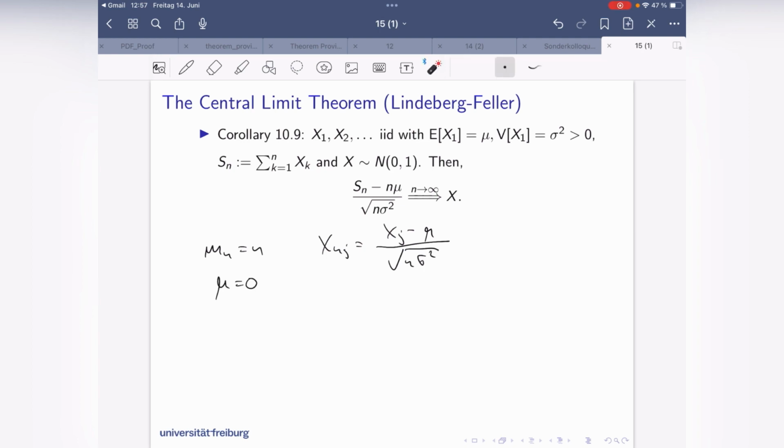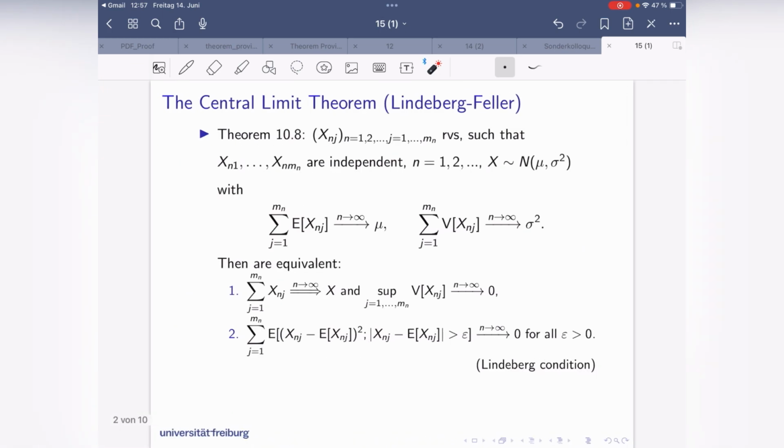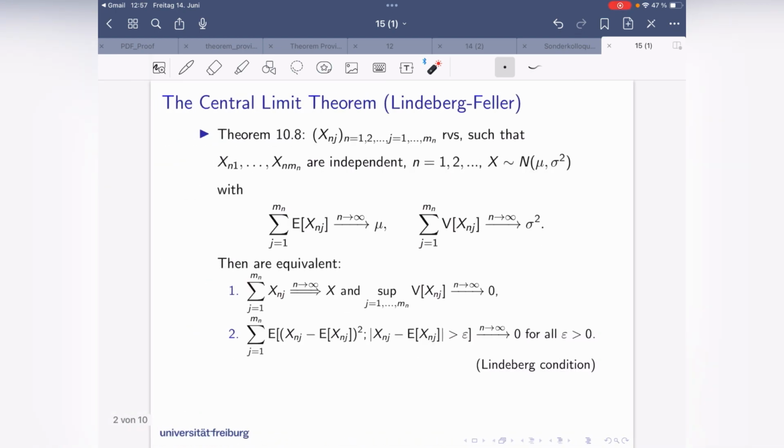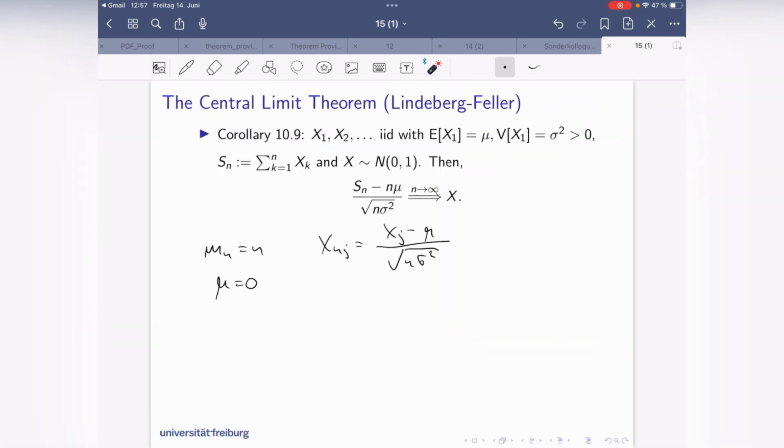The sigma square, what is this? So we had here the sum of these variances. So the variance of this thing here is 1 over n sigma square, and you divide also by n sigma square.